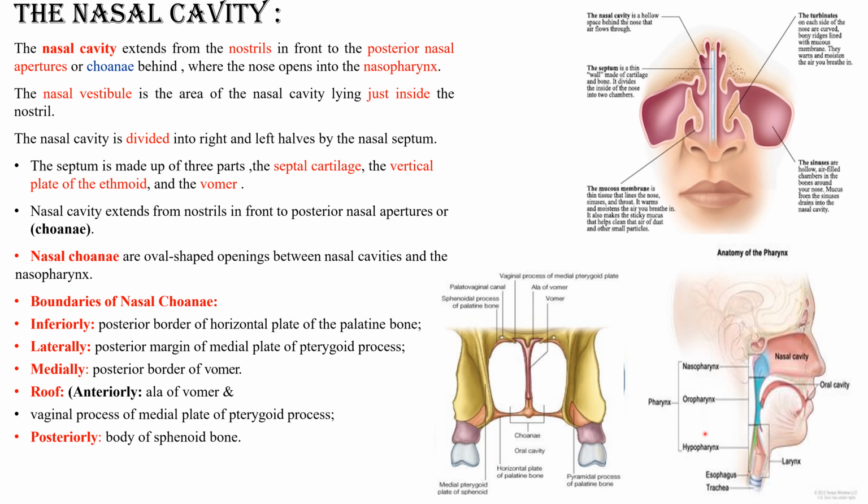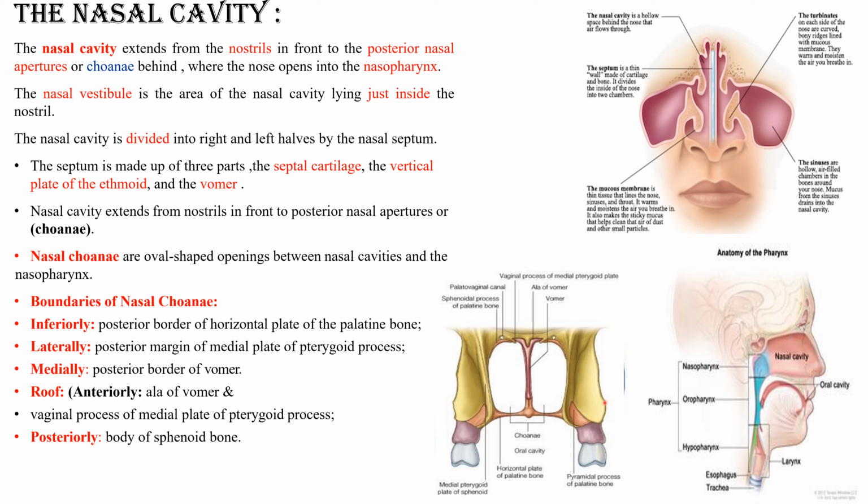The nasal cavity is divided into left and right nasal cavities. In between them there is a septum made of cartilage and bone, which is the perpendicular plate plus the vomer bone plus the septal cartilage.